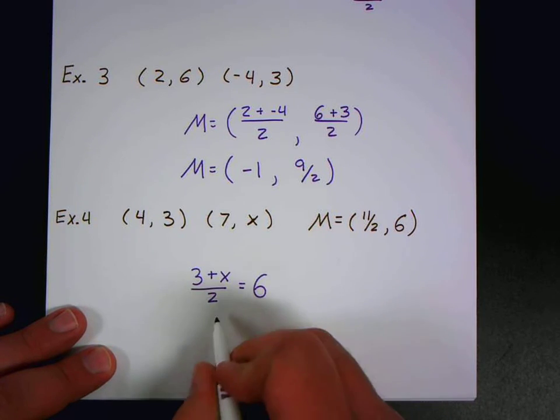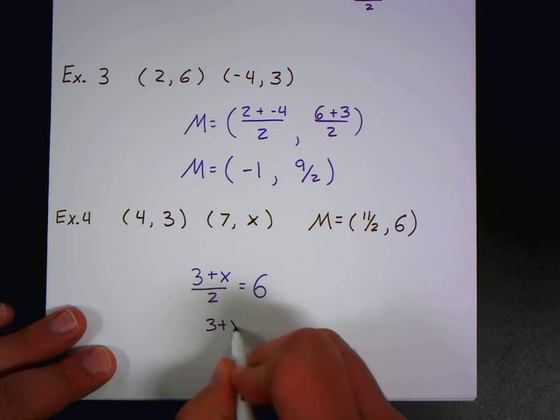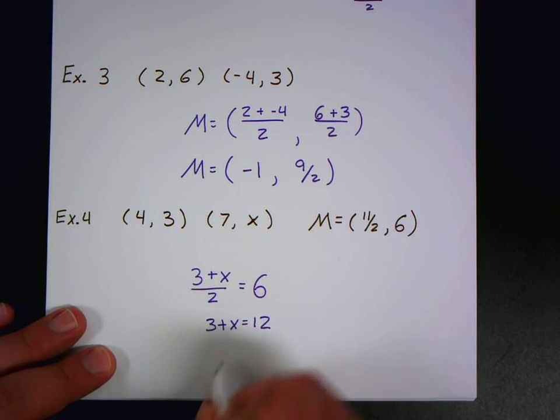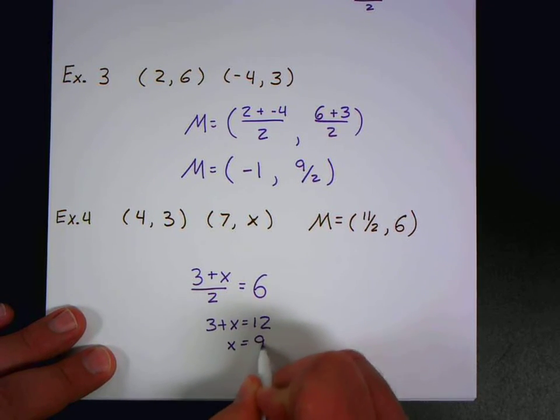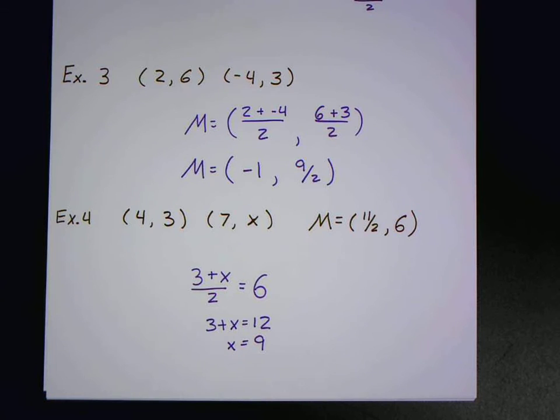So then whenever I go to solve it, I have 3 plus x equals 12. Subtract the 3, so x is going to be 9. But the nice thing about midpoint again is, since it's ordered pairs, each piece is separate. You don't have to worry about how the x values interact with the y values, because they don't interact at all.